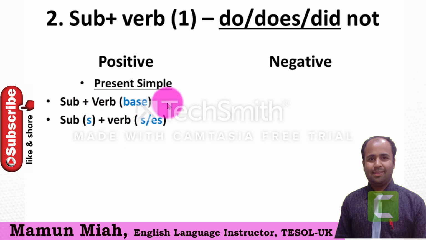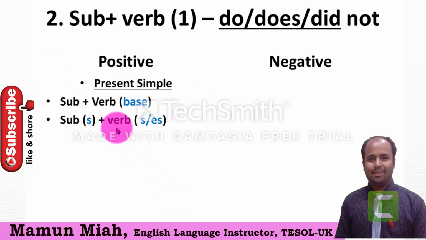Do you know what is base form? Base form is the present form of the verb. But the verb's present form is used in two types in a sentence. One is the base form, just simple, and another is the singular form. That means after verbs, you will see there is s or es connected.